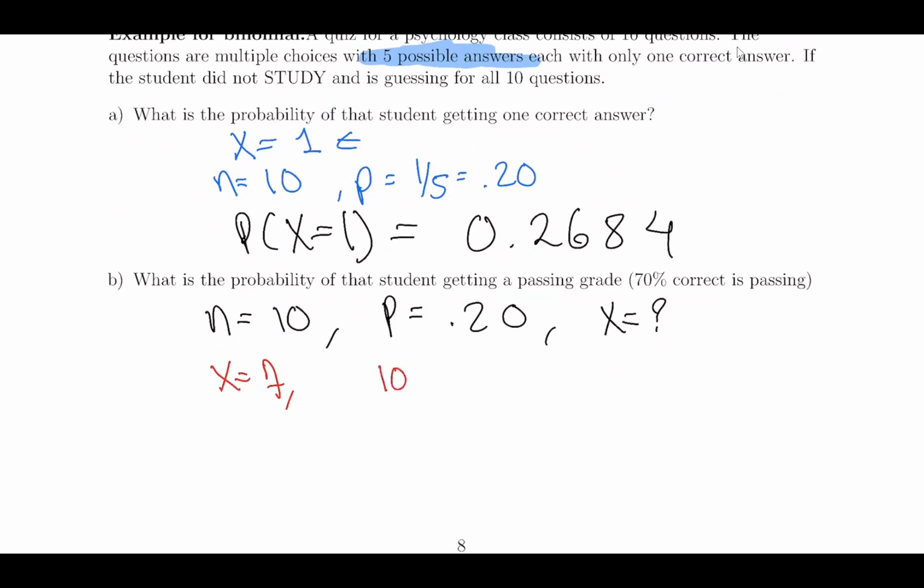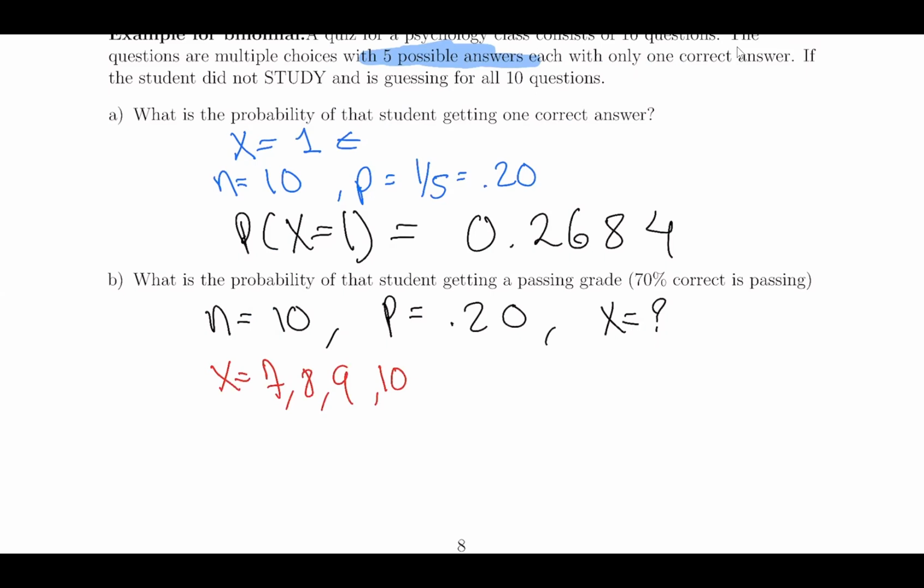Cool. What other? 8, 9. Oh, 8 and 9. Cool. Yeah. Thank you. So what we want to do is find the probability of this person passing. So in order to find the probability of them passing, we have to find the probability of them getting 7 questions correct, 8 questions correct, 9 questions correct, and 10 questions correct.